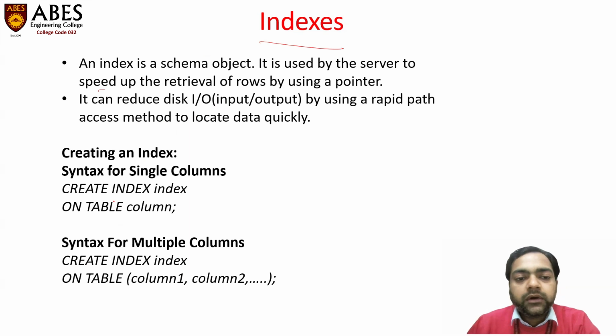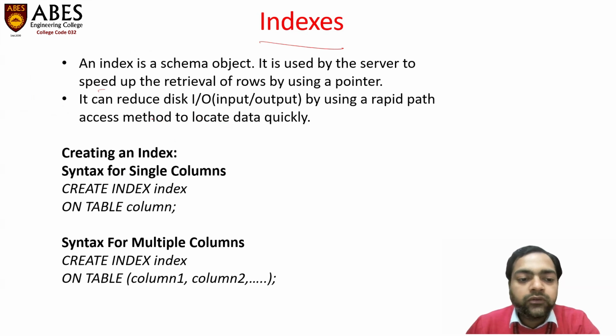Our data has been stored on a particular server, and whenever we want to retrieve the data from the server, we need to speed up our processing. In this case, an index will be used. It can reduce disk input output by using a rapid path access method to locate the data quickly.